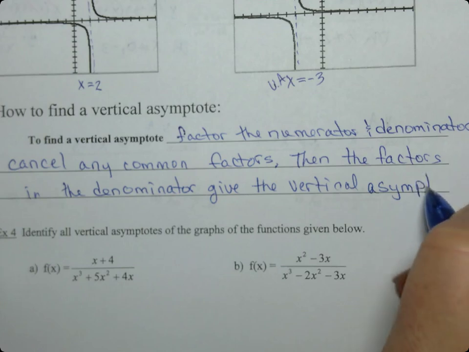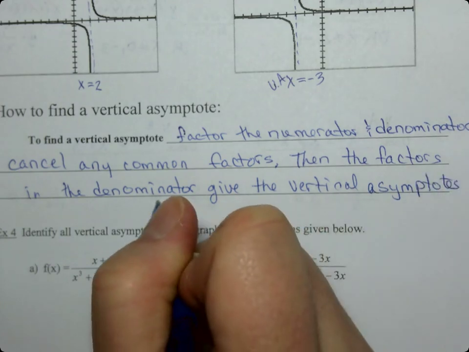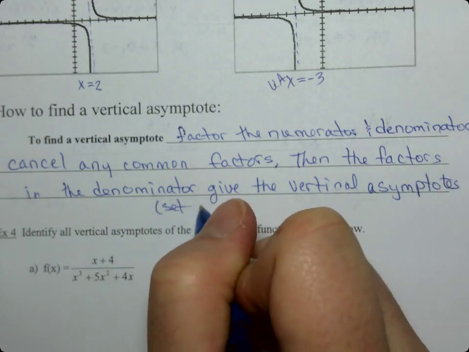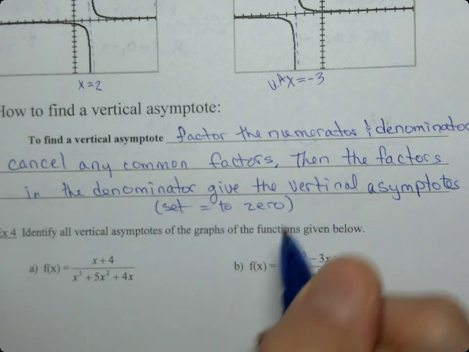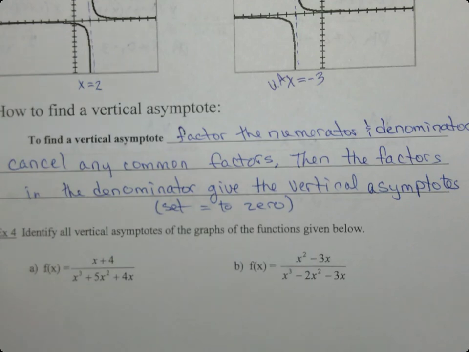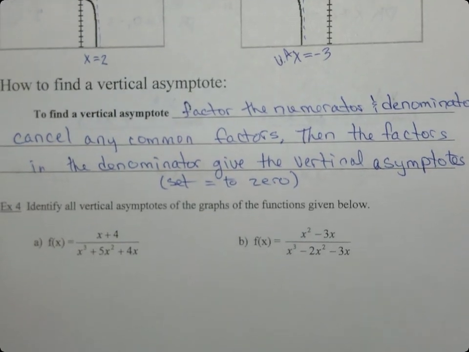So how do I find that? I set them equal to 0. Okay, so hopefully that reminds you of this, because we are going to talk about other things too.